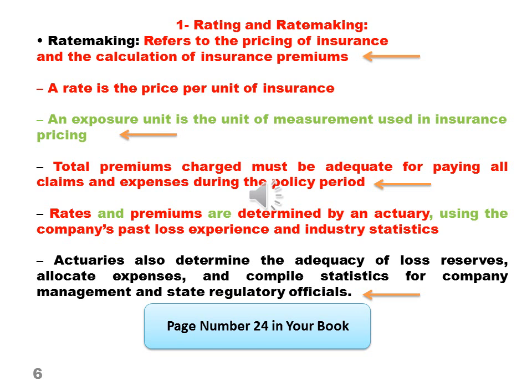Total premium, which is collected from the insured person, must be adequate, must be equal to what is needed for paying all claims and expenses during the policy period. By claims I mean the money that must be paid by the insurance company to the insured person.